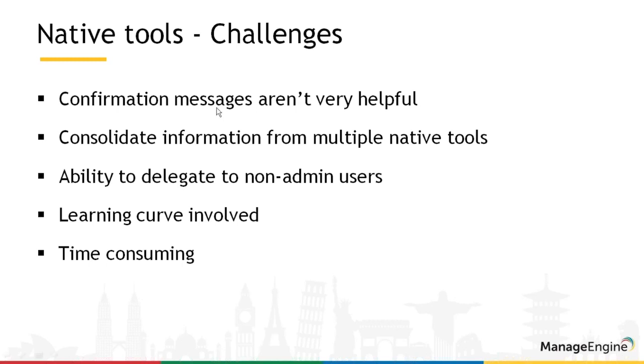The messages that you get for the failures aren't very helpful, so you do not know the exact reason for failure. Is it because of the password policy requirement, or is it because of a space in the SAM account name, or is it because of the character restriction of any other attribute? It's going to be quite complex for you to understand the reason for the failure from the messages that you get when it comes to PowerShell.